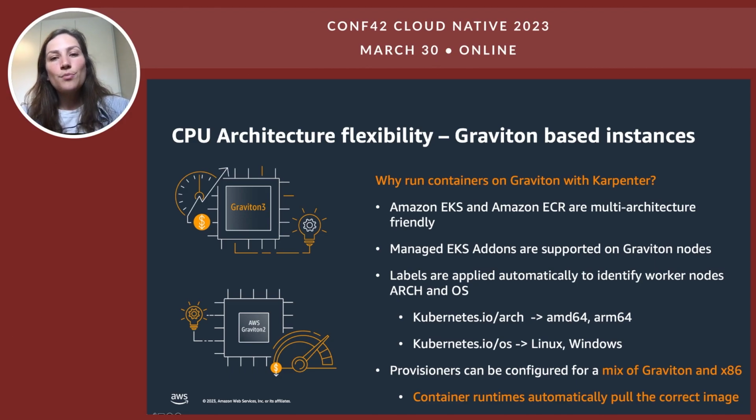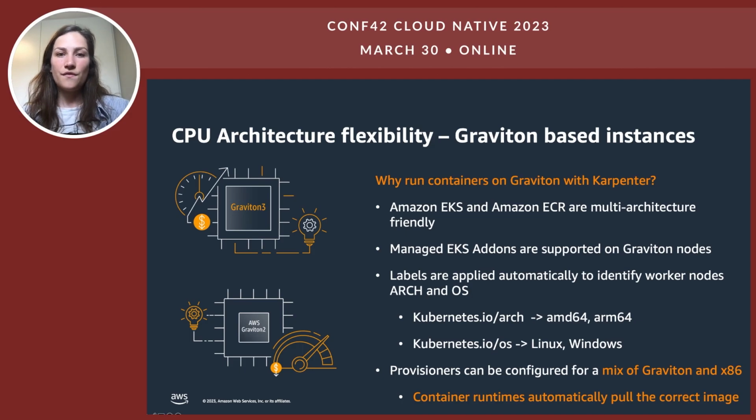And then when Karpenter scales up an instance, it will be able to choose whatever is available at the lowest price. Let's say that you got a Graviton instance. Then your multi-architecture container manifest will pull the Graviton container image and run on Graviton.